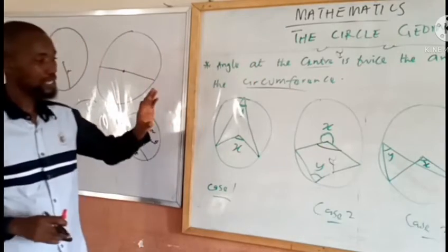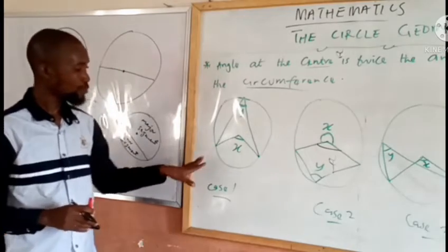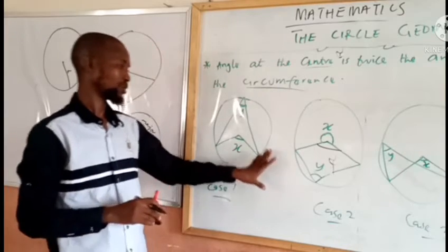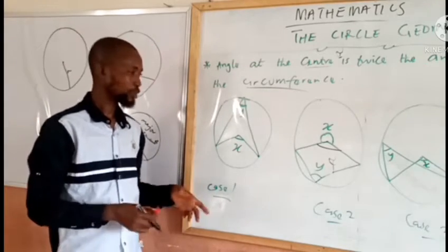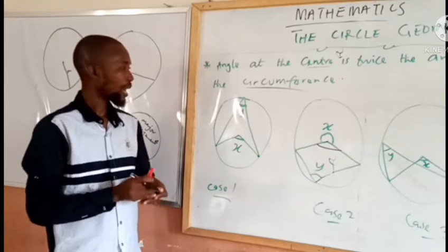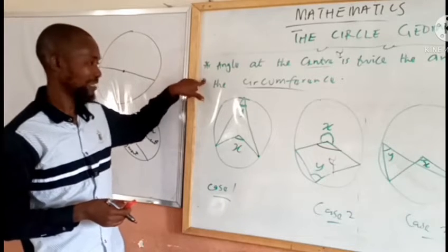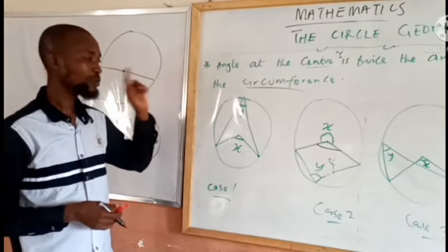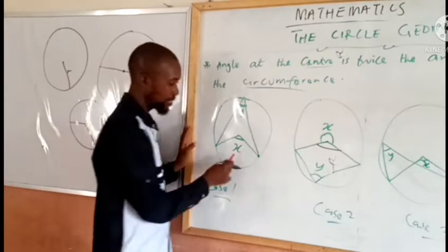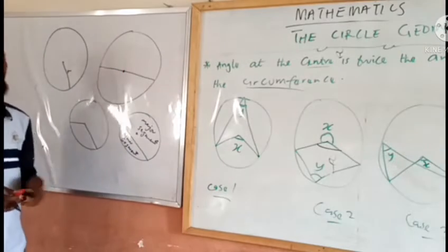Since this is clear, I think we should now go ahead to solving questions, applying our theorem. And remember, the first theorem is applicable in the situation whereby we are presented with any of the diagrams above.